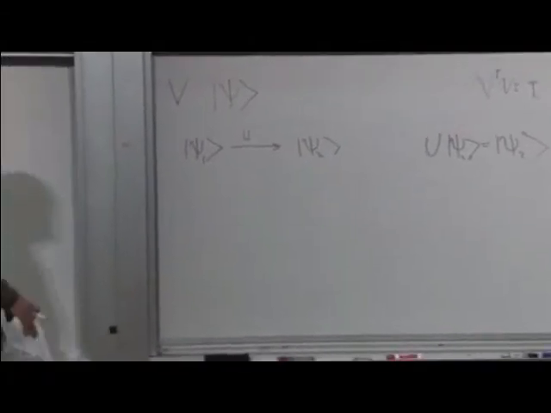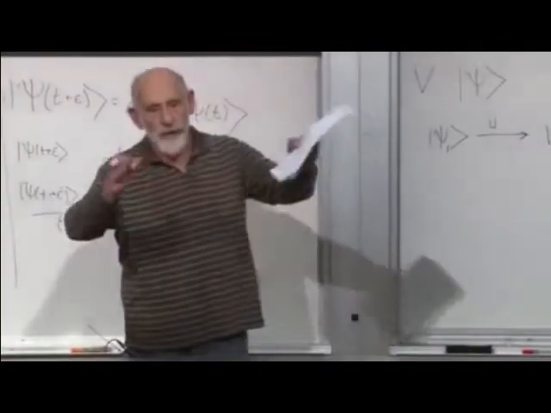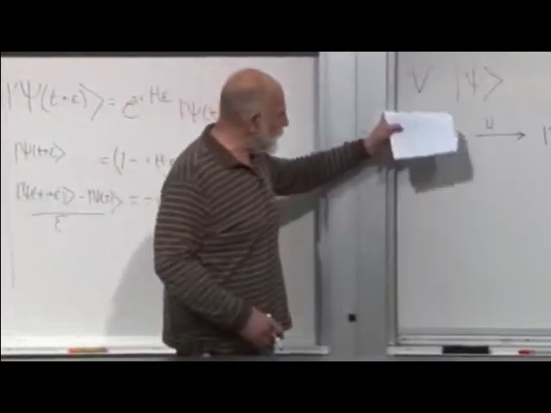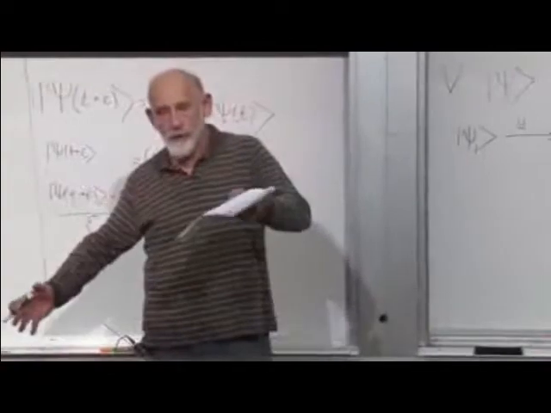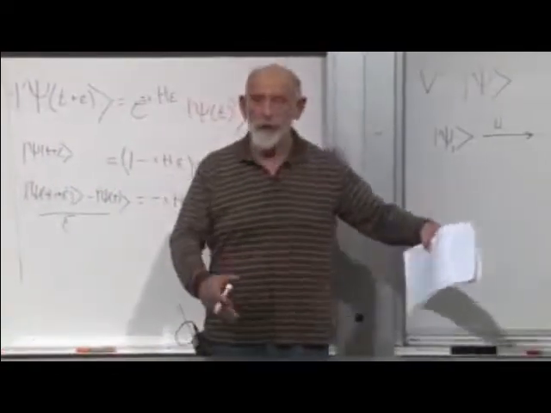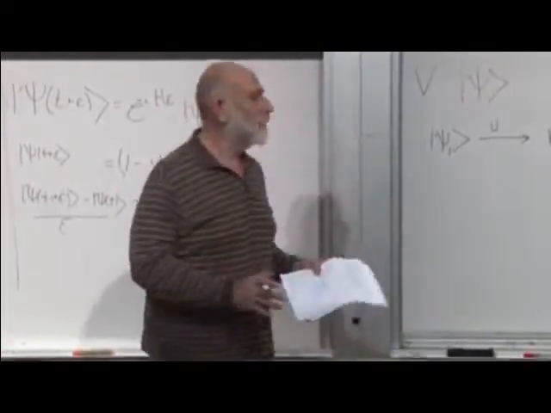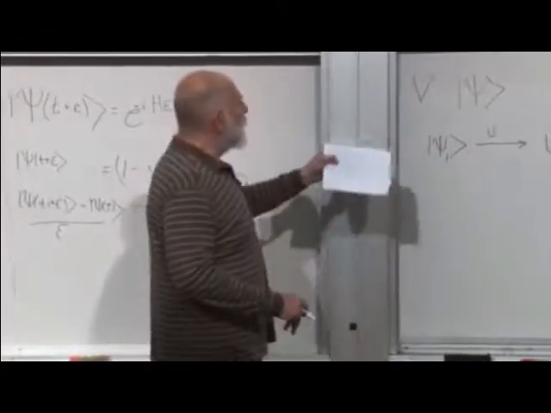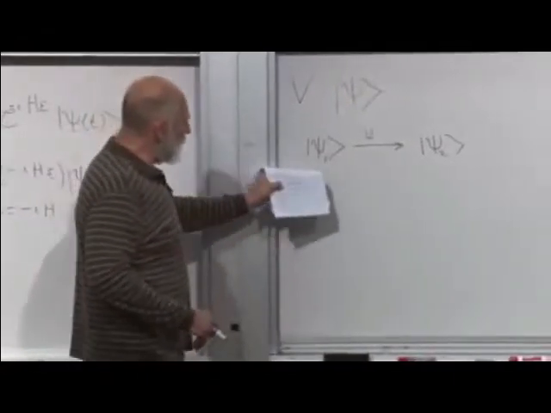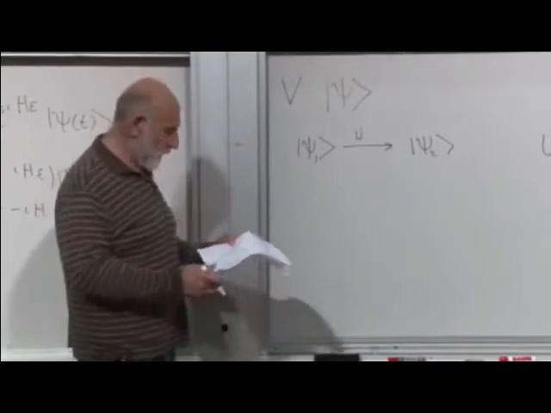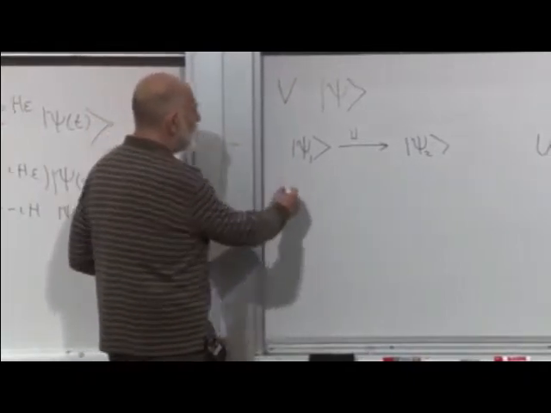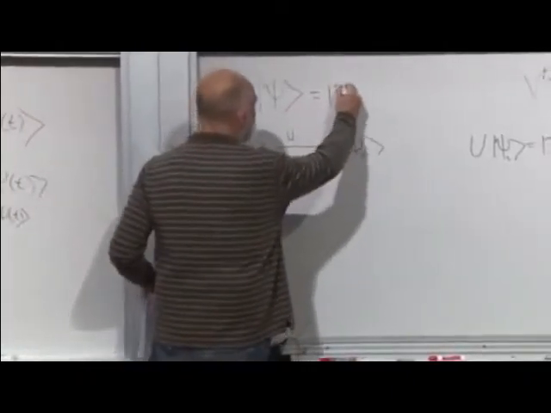Okay. Now let's imagine the transformed version of this. Transformed, it could be by rotation, it could be by translation, by some symmetry operation. What does this equation say for the transformed things? Well, let's call this psi prime.